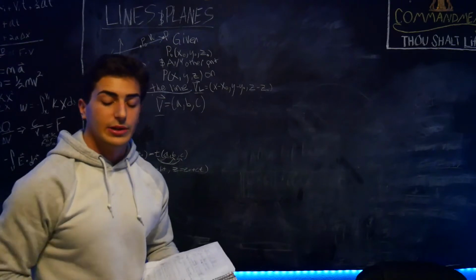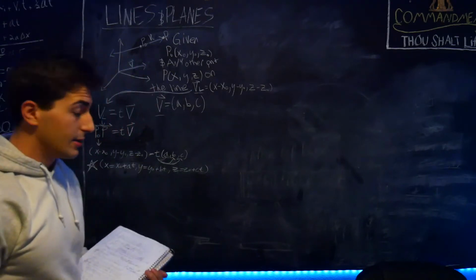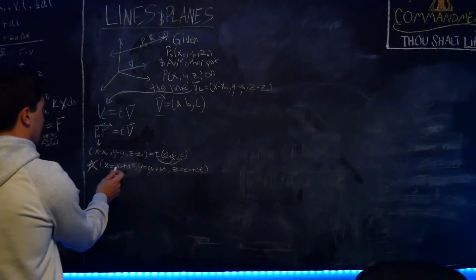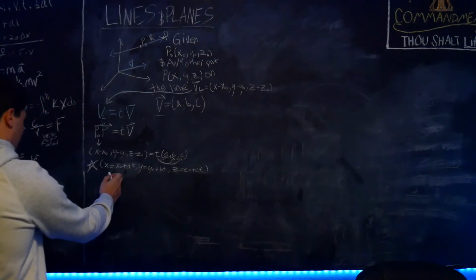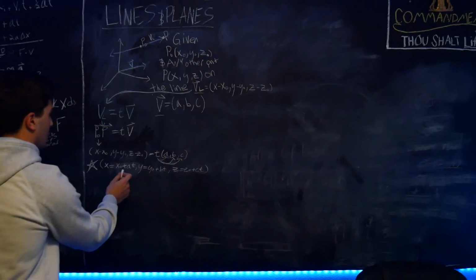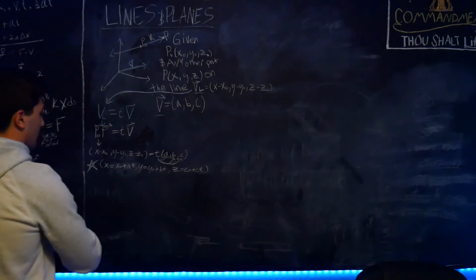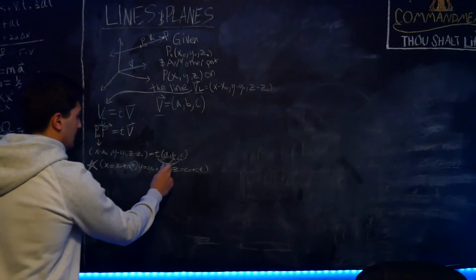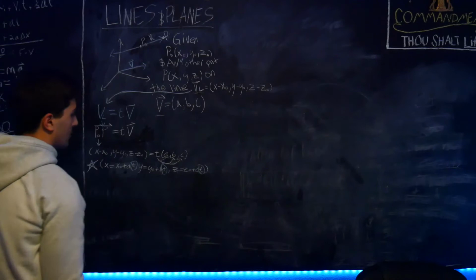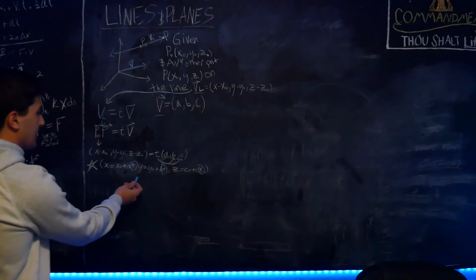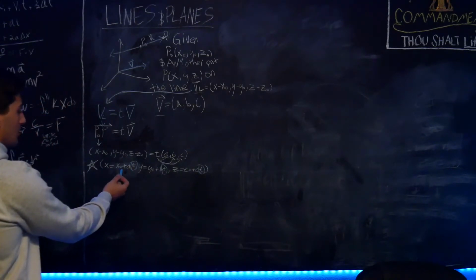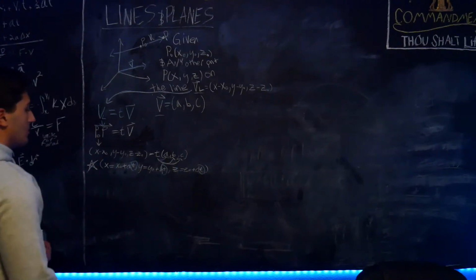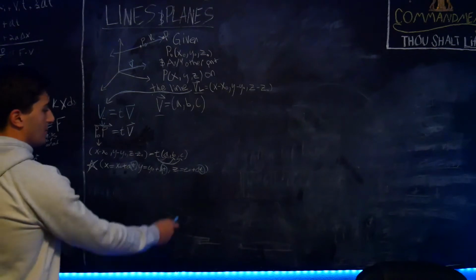Now we have a symmetric equation of a line. That's what's next. And it's just rearranging this formula. So what do we have? What's the common factor? Yep, t. So if we move all of this over here and we set t equal to all that, we can do that for that, and we can do it for that.